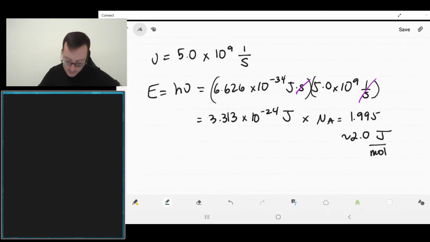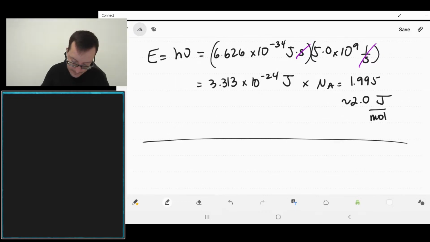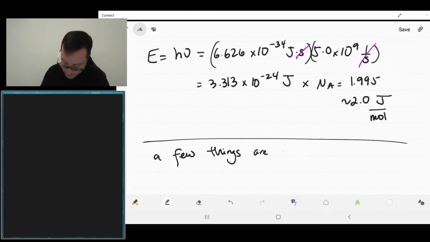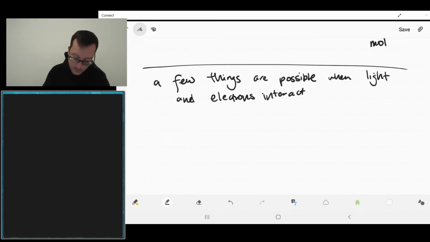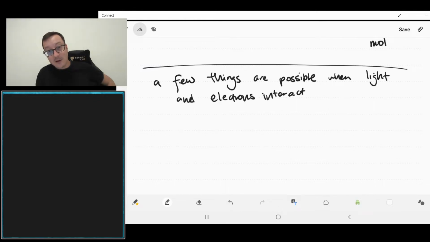All right. What does this have to do with electrons, though? We're going to see that there are a couple of things that can happen when light and electrons interact. Really, it's kind of the same thing, but the second one is to a higher degree.